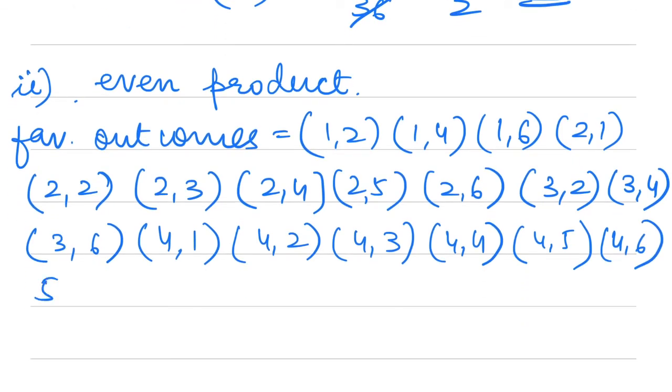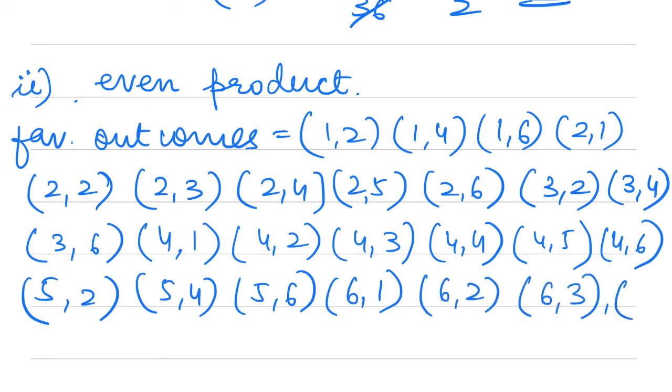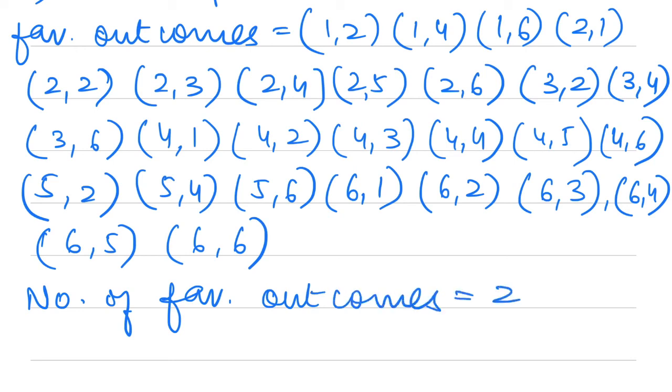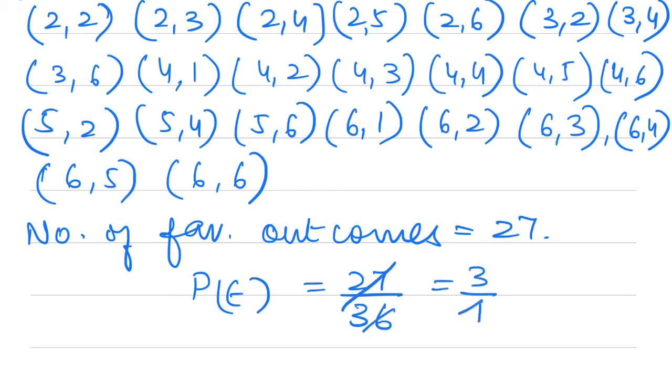Then with 5, 5 and 2, 5 and 4, 5 and 6. Then we have 6 and 1, 6 and 2, 6 and 3, 6 and 4, 6 and 5 and 6 and 6. So number of favorable outcomes here are 27. Therefore probability of this event will be equal to 27 by total outcomes 36. So we know 9 3 times and 9 4 times. So 3 by 4 is the answer.